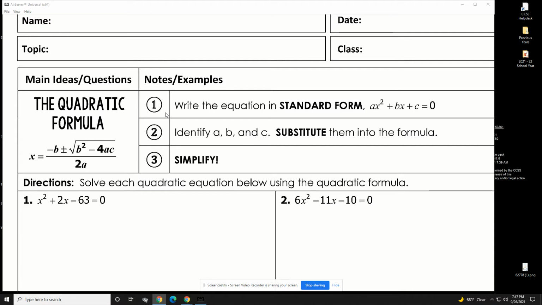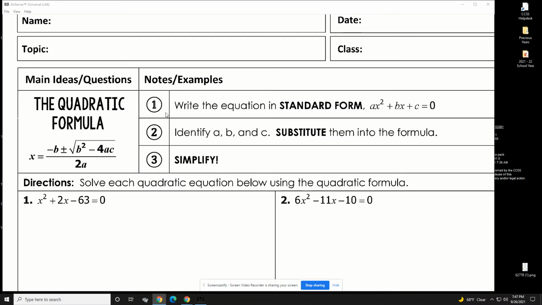You also solved by graphing. We graphed it and we looked at the points where it crossed the x-axis. That's solving by factoring or by graphing. The other way that you've solved is by taking the square root.